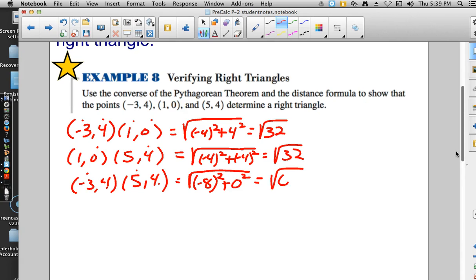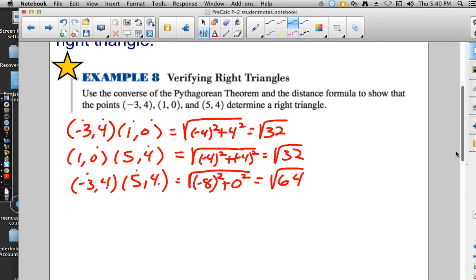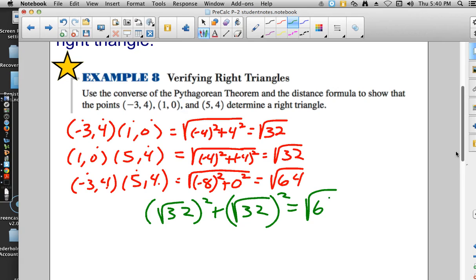Well, that's the square root of 64. Very interesting. Now let's put that into the Pythagorean theorem. Square root of 32 squared plus the square root of 32 squared, does that equal the square root of 64 squared? 32 plus 32 equals 64. Oh, there it is.